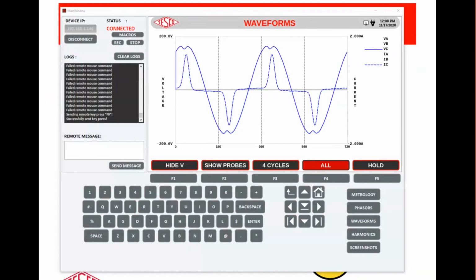So I'm going to change the current waveform that's in phase C. And voila. So this is something that you can do with any 6330 or, with TMA, any of our test systems.